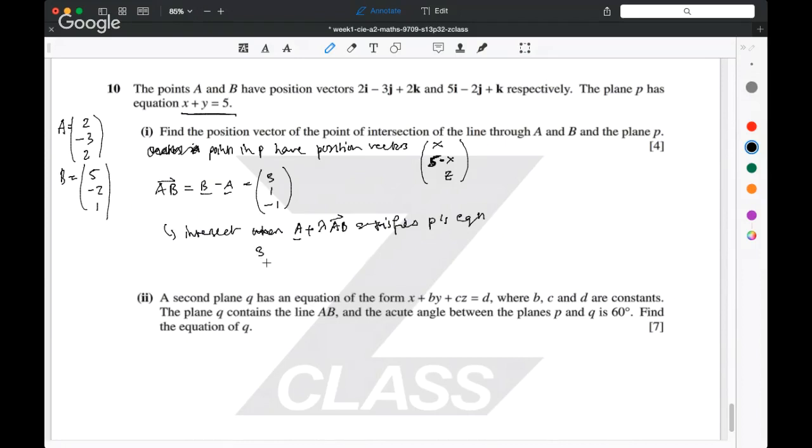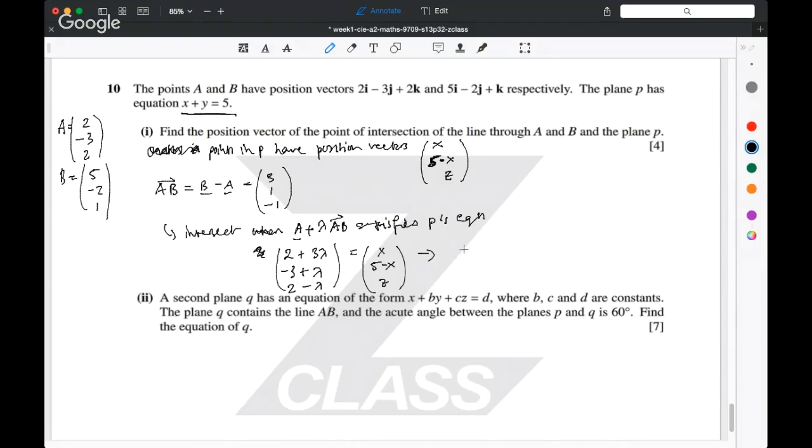So I have A plus lambda AB is (2 plus 3 lambda, minus 3 plus lambda, 2 minus lambda) equal to (x, 5 minus x, z).